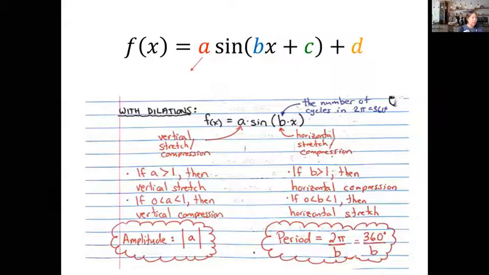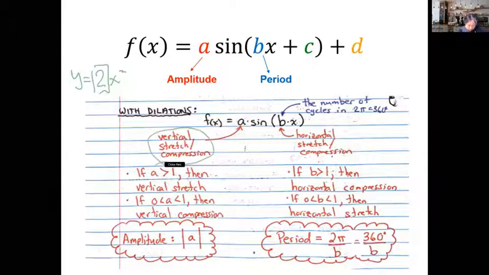Again, A is amplitude, and the B value in front of x affects the period, okay? It's very similar to when we had, for example, y equals 2x squared, where the 2 in front of the quadratic function involves vertical stretch or compression.